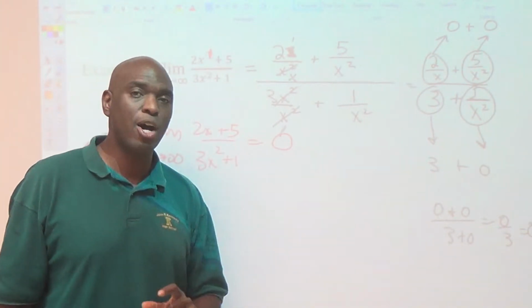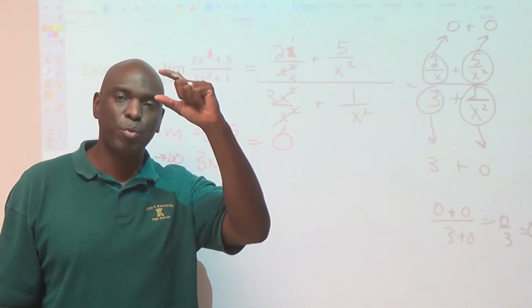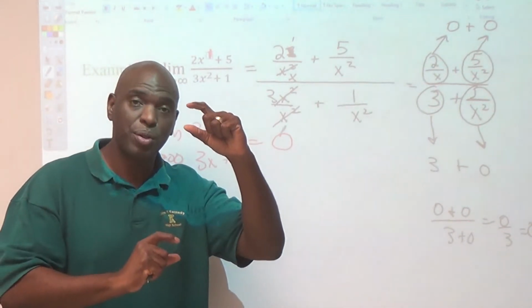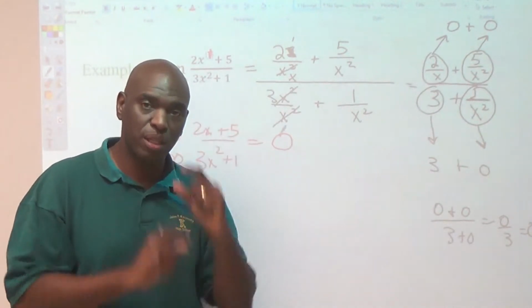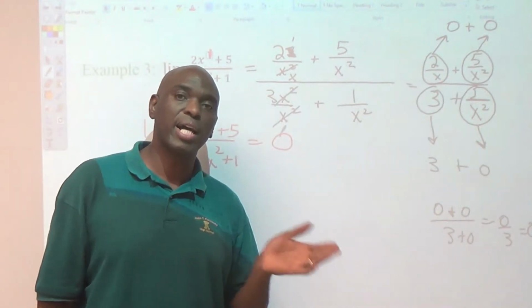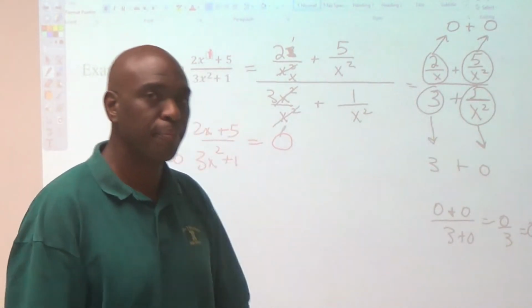If the smaller power is on top or in the numerator, and the larger power is in the bottom or in the denominator, then the limit is 0. My horizontal asymptote is y equal 0.